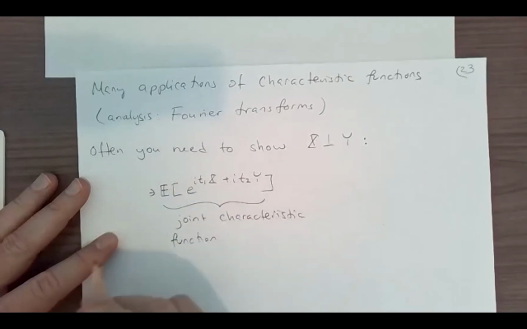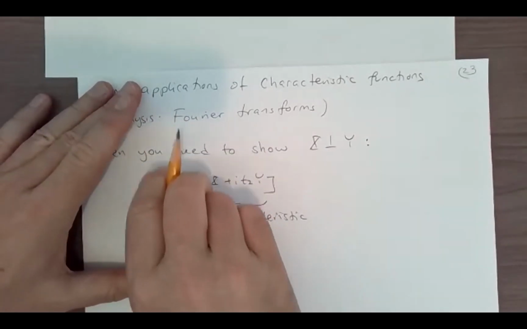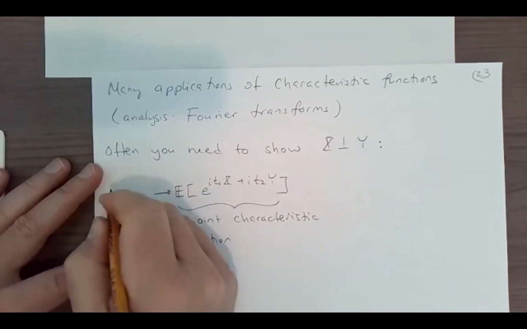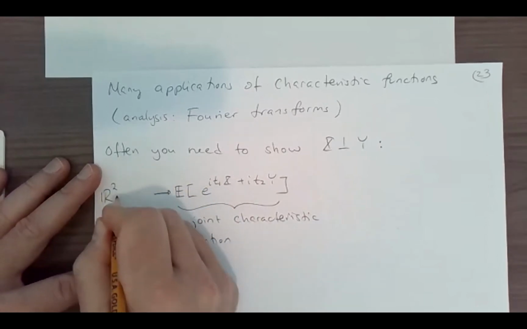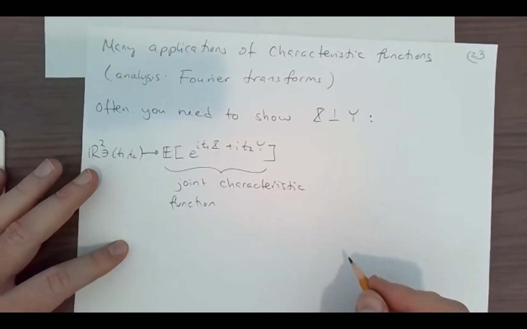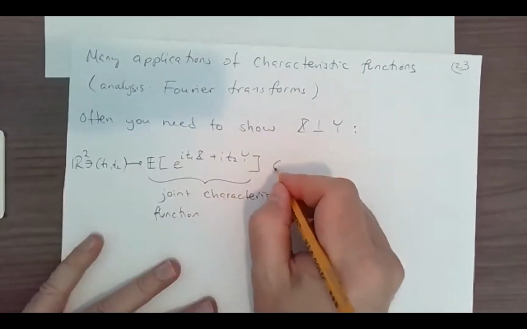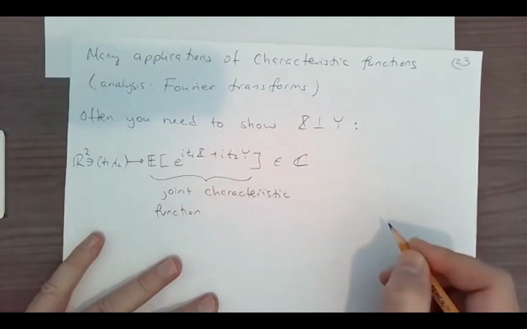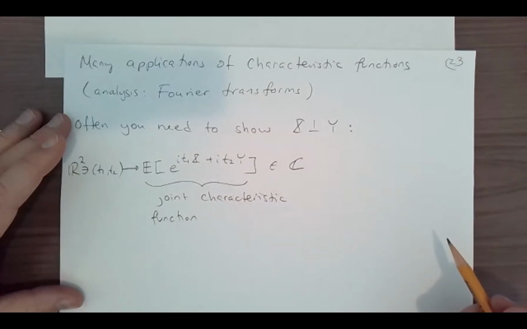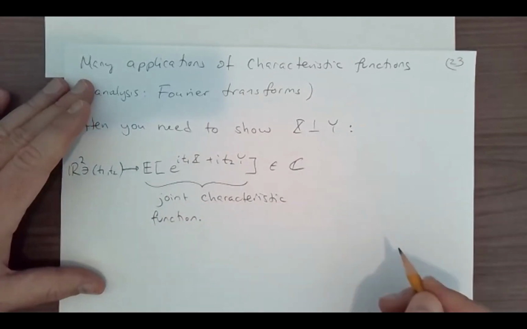Right, so here we're looking at 2 time points, T1 and T2. So this is a point in R2 being mapped into something that lives in the complex numbers. It has length less than or equal to 1. This is a joint characteristic function.